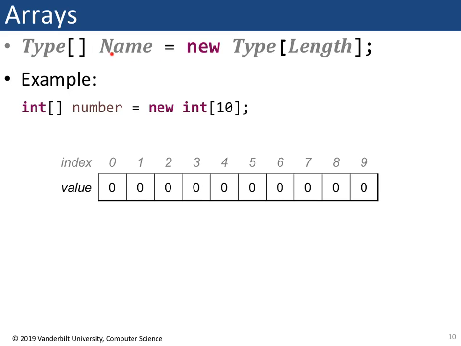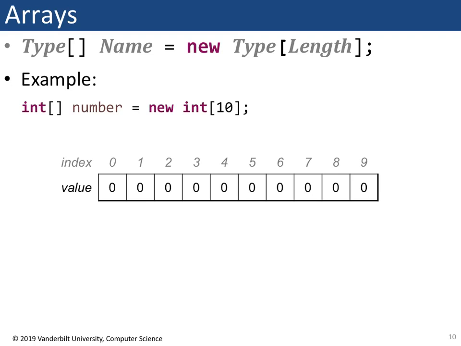Then the name of the variable, and then we have to create the array object using the keyword new. This will allocate memory, and then this generates the number of elements in the array. So this statement on the right hand side of the equal sign creates the object and defines the length of the array.